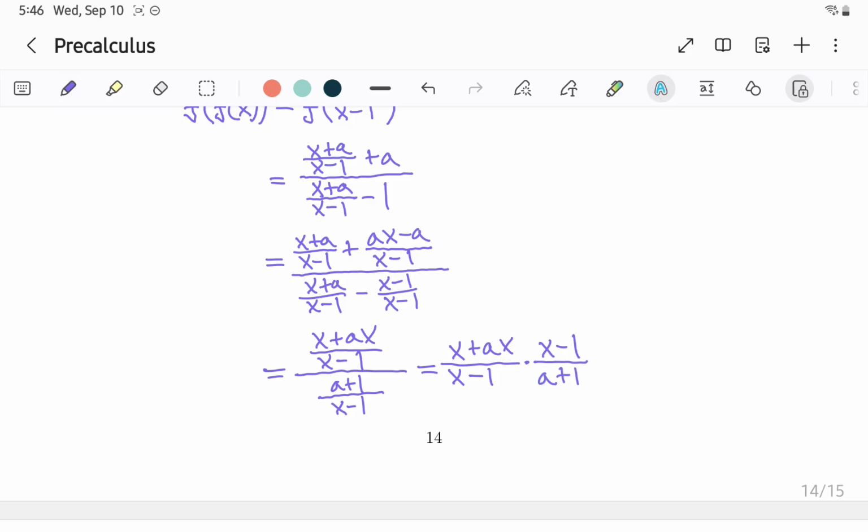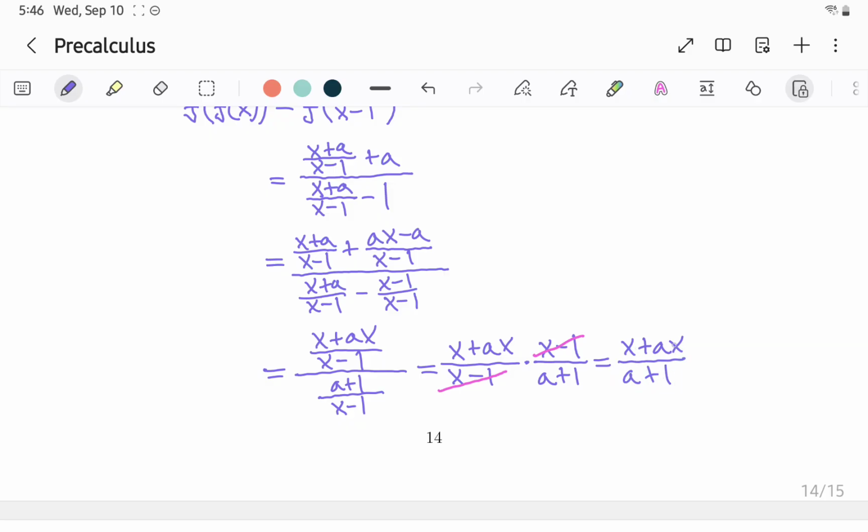And so this allows us to see that we can cancel out the x minus 1s with each other. So those guys cancel out with each other under multiplication. And so what we are left with is going to be x plus a times x over a plus 1.